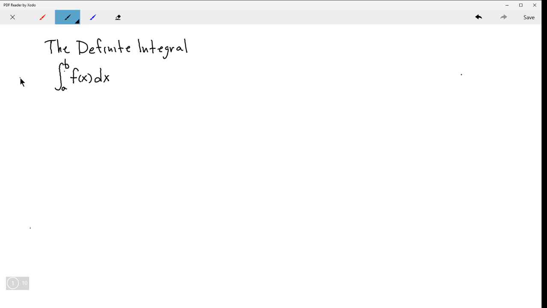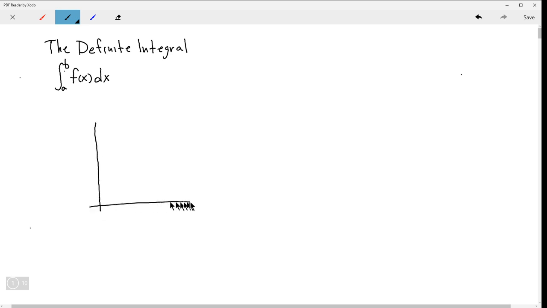As far as we need to go with this in this course, it is finding the area under a curve. So, for example, let's say I have a curve that looks like this, and I have an A and a B, an interval in x.